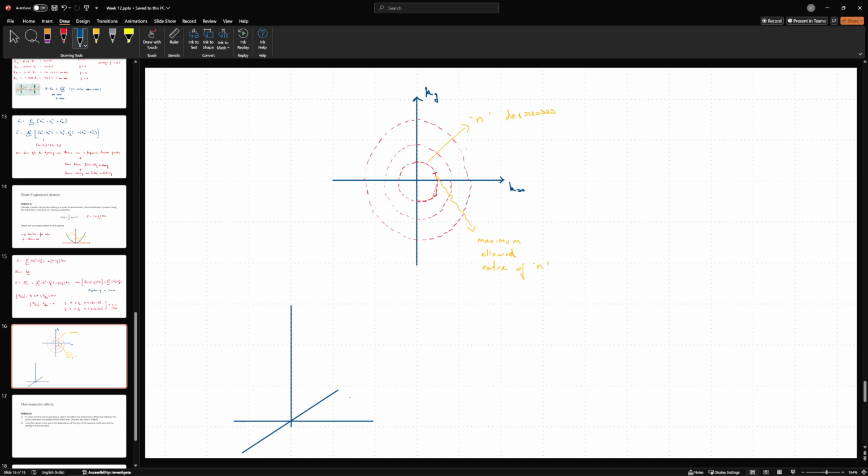So now remember, n can vary all the way from 0, so this is the n axis, and these are again our kx and ky axis. Okay, so when n is equal to 0 on the origin, I will have a big circle. So I will have something like this.